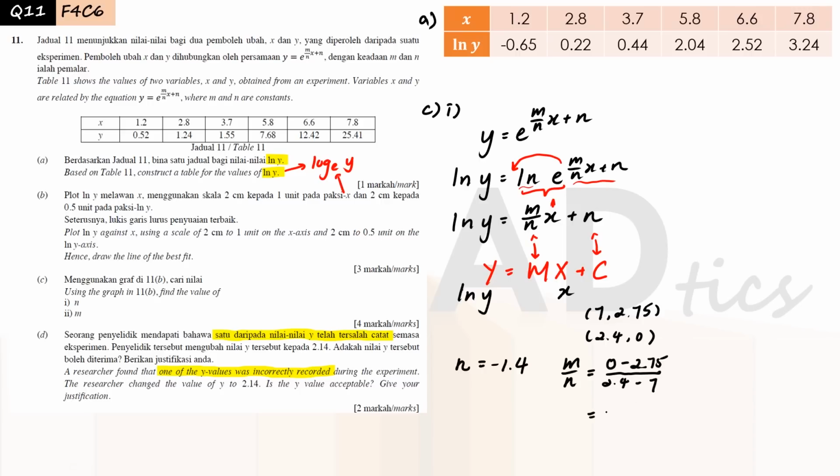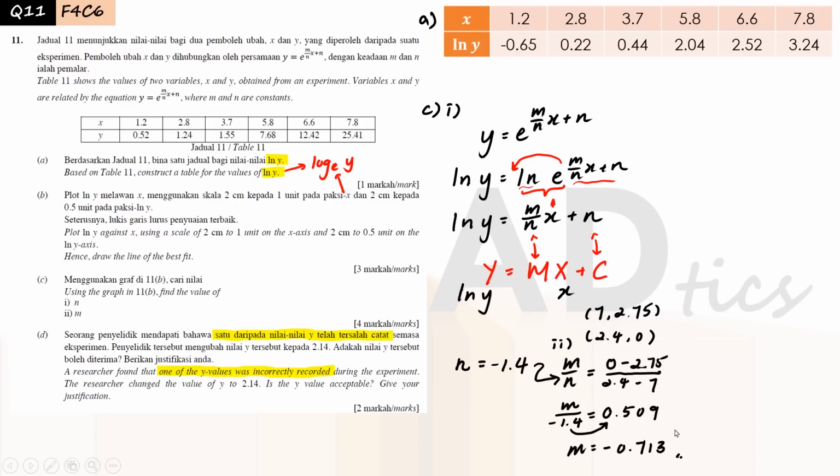When we calculate this, you will get that the value is 0.509, and here we have the value of n, so I'm going to substitute here and find the value of m. I'm going to multiply this value to the right side, so the value of m will be negative 0.713. Okay, so these will be the answers for part 1 and part 2.